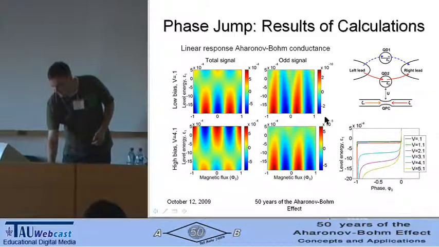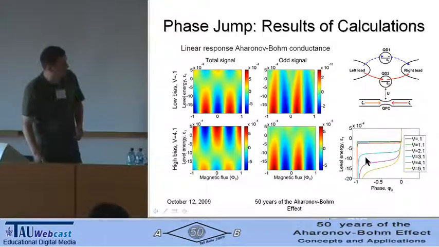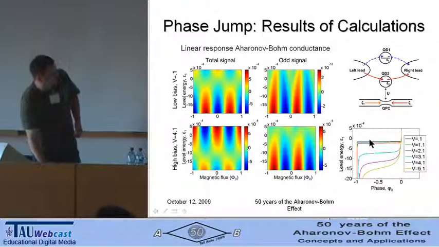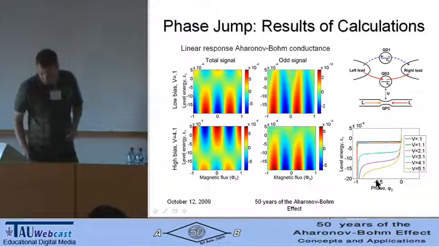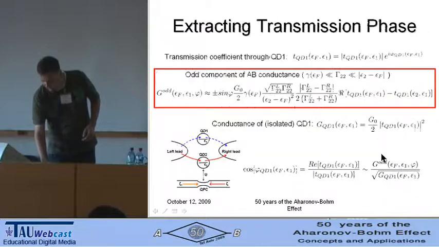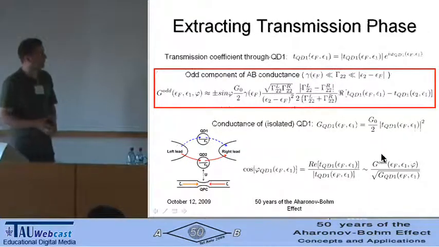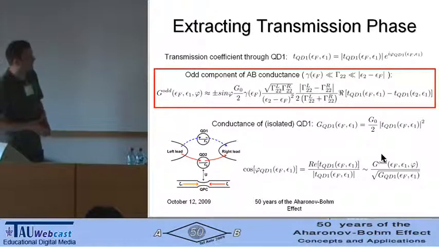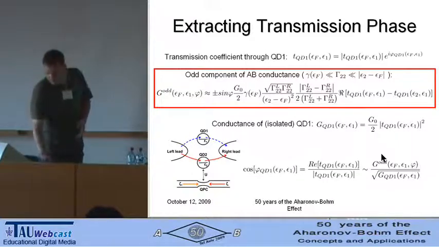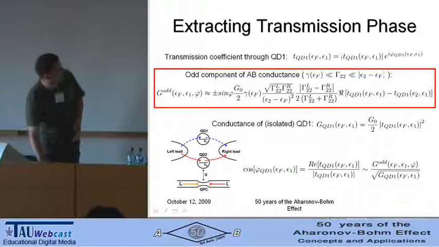And I also extracted the phase of Aharonov-Bohm oscillations. You can see that as we increase bias, the phase, instead of abruptly jumping between two values, starts to flow smoothly between them. So now a little bit of mathematics. We can define a transmission phase through the quantum dot in the reference arm, as shown here.